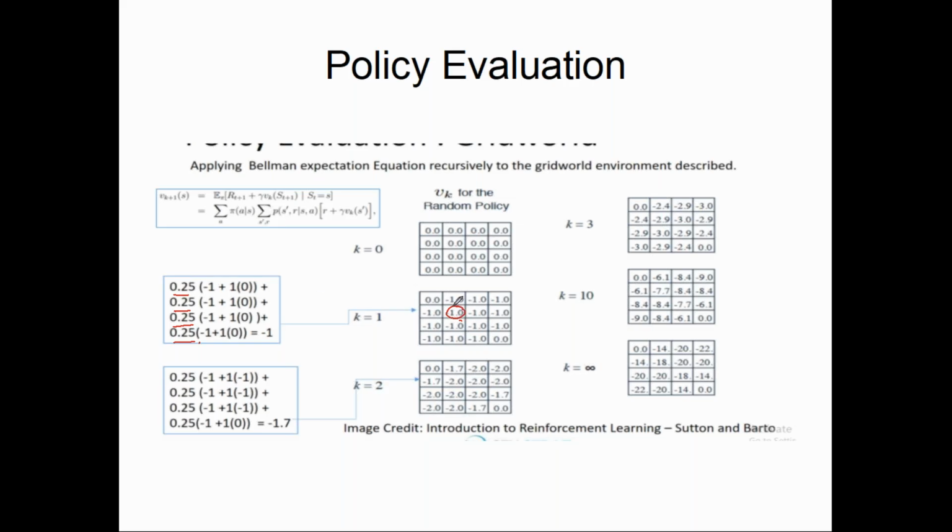For each of the possible moves, these are the possible rewards for every action. That means it can go up, and that kind of action will give a reward of -1, -1, -1, then plus gamma into the value of the previous state. Previous state means the previous iteration. This is the K0 iteration. For the previous iteration, we take the 0 value here, right?